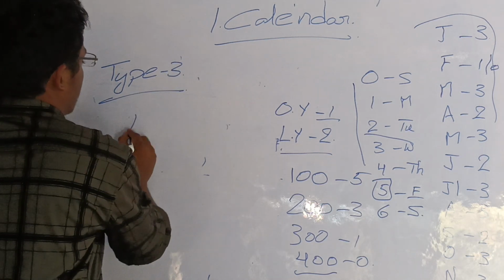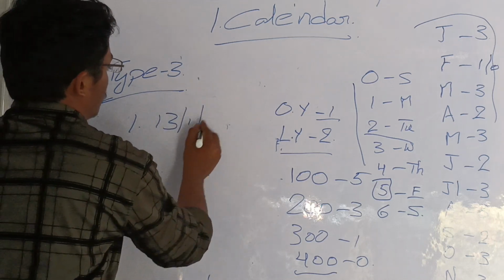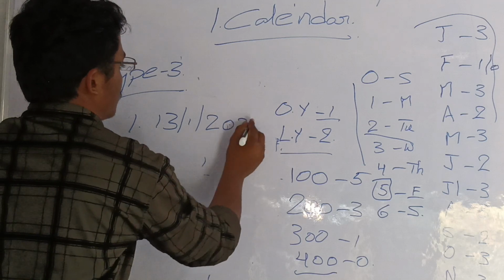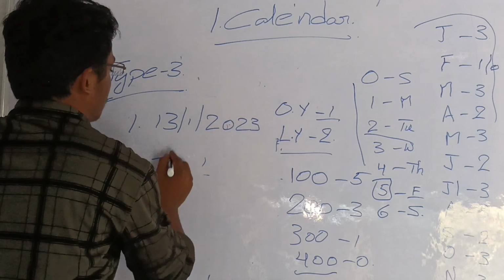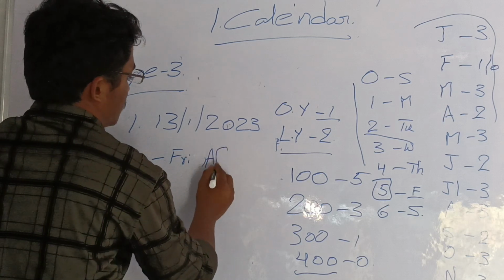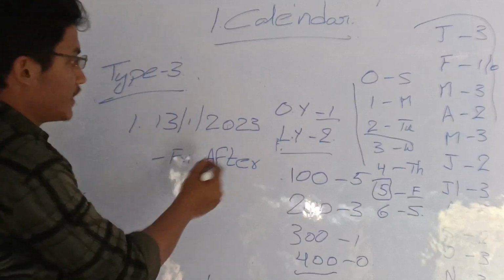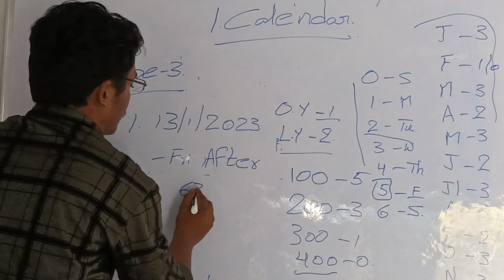For example, consider today's date 13 Jan 2023. It is Friday. After 63 days, what will be the weekday of that particular date?